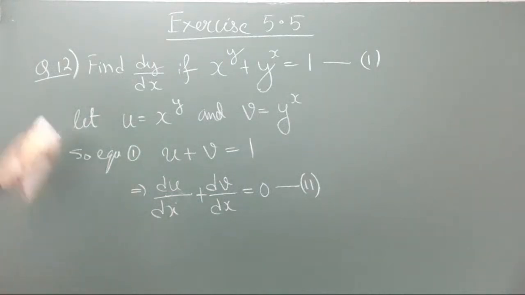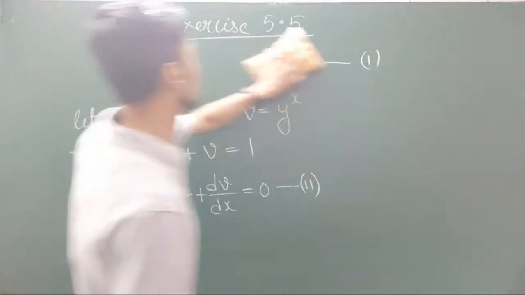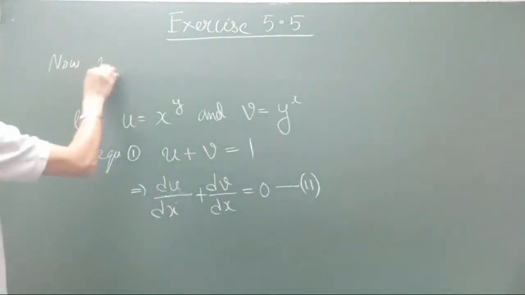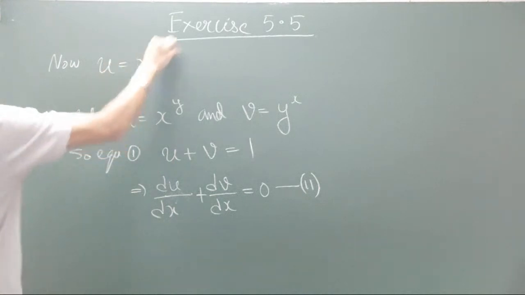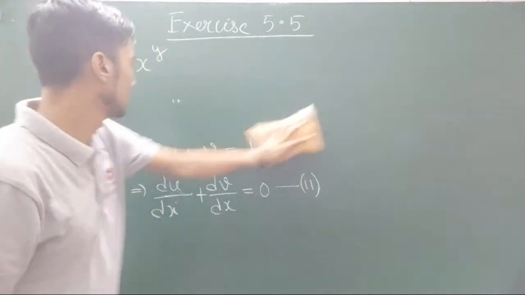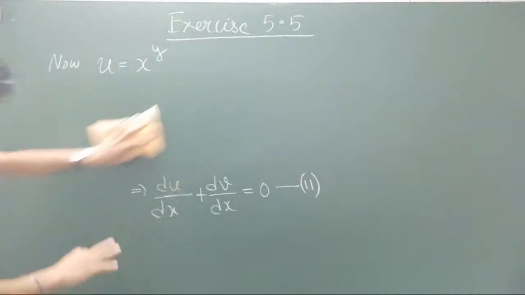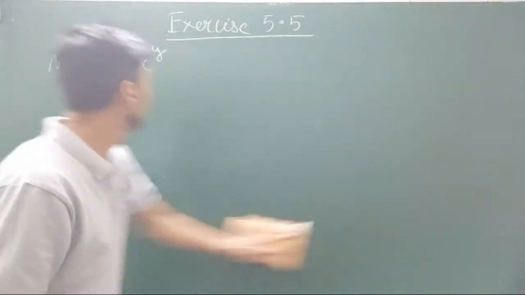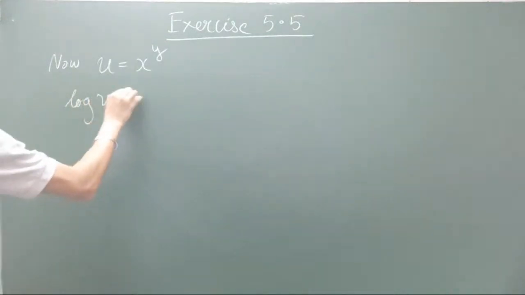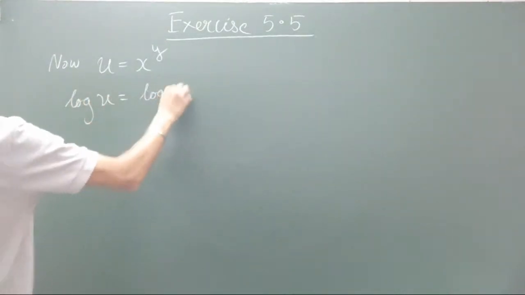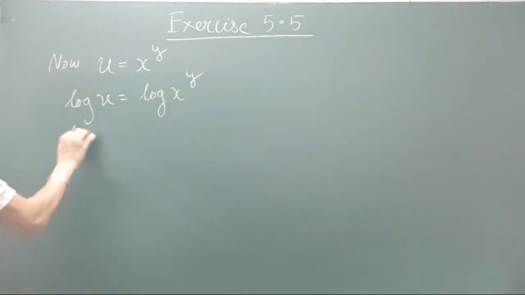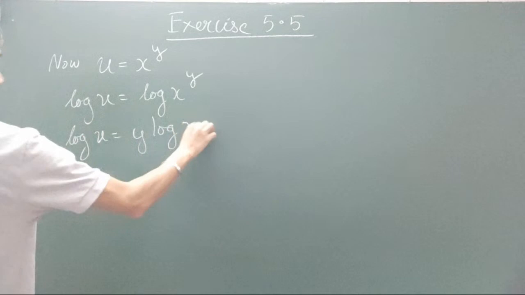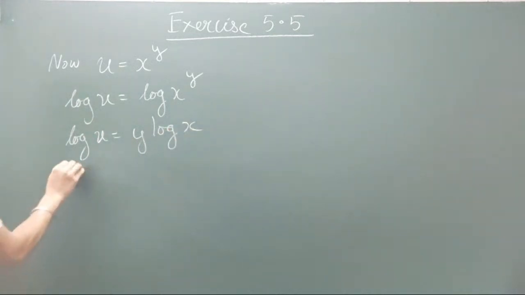So now u is equal to x power y. Taking log on both sides, log u equal to log of x power y, so log u equal to y into log x.